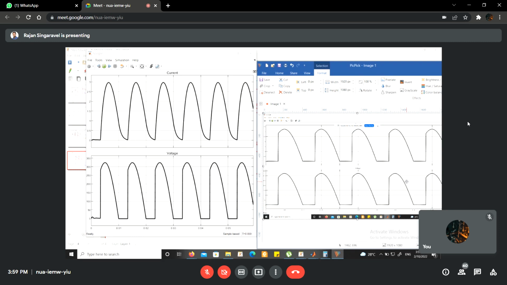There is no change in the voltage. From alpha to pi it appears, and in the next half cycle, pi plus alpha to 2 pi, it appears. Only the current changes, just because of the inductor. The current also becomes zero at one point of time, and then it is rising. That you have to understand.